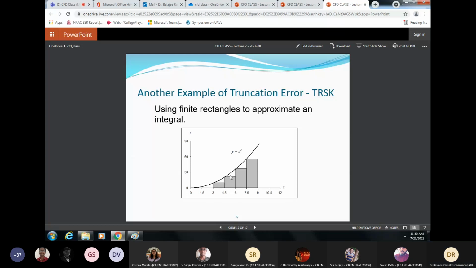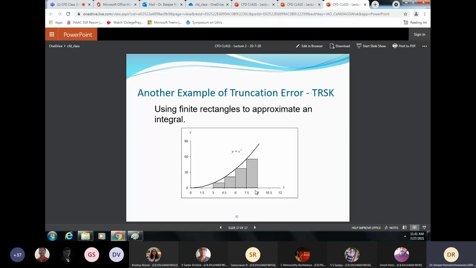Correct? Again, Aishwarya, coming back to your point, how do I reduce this error? By having more rectangles placed closely in the same interval. Instead of 4, you have 40.